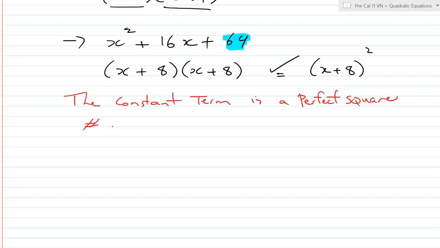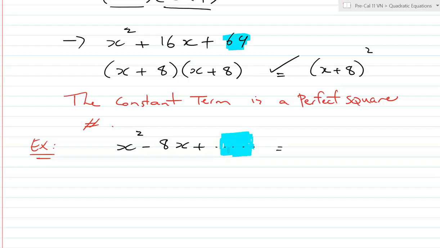All right, so let's look at an example. Suppose I give you this incomplete binomial, and I ask what you should add to it to make it a perfect square trinomial. The number we put here has to be a perfect square.